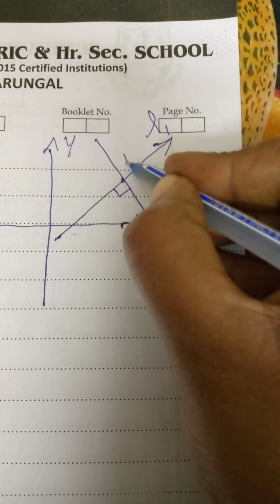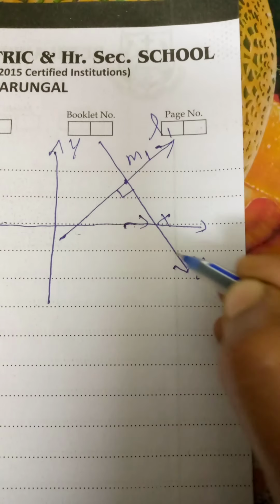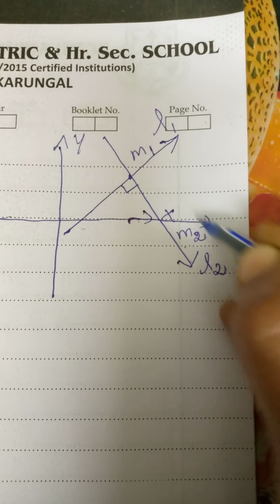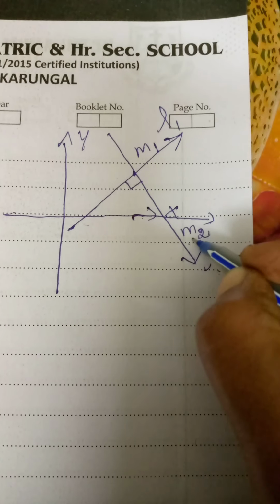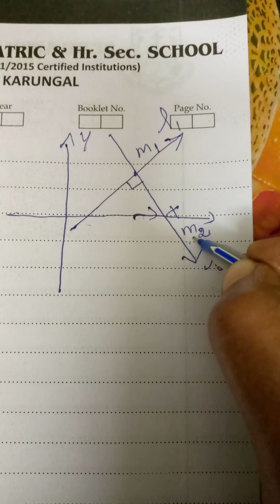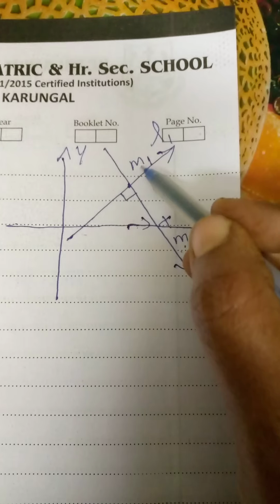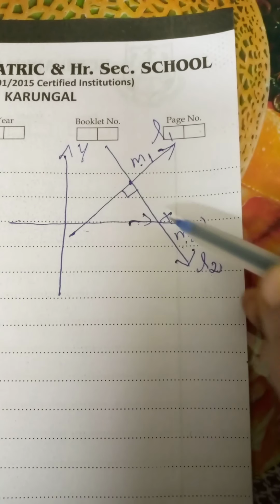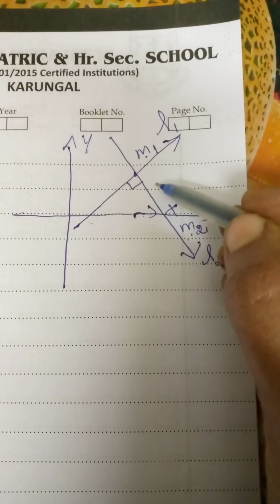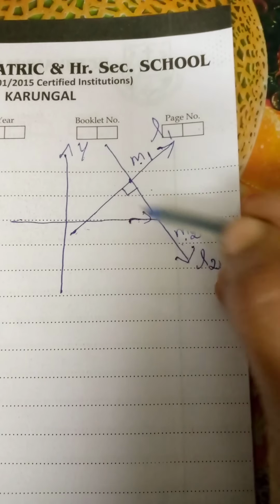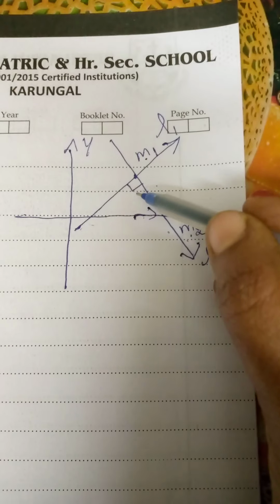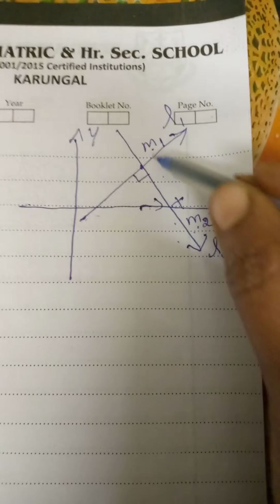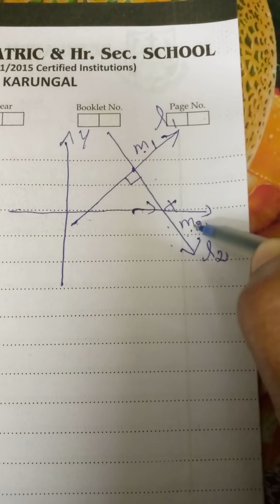Let the slope of the first line be M1 and the slope of the second line L2 be M2. Then their product M1 into M2 will be minus 1. When two lines are perpendicular, the product of their slopes will be minus 1.